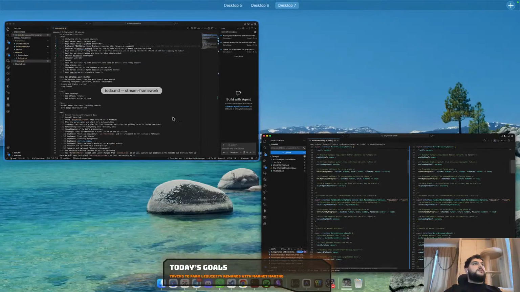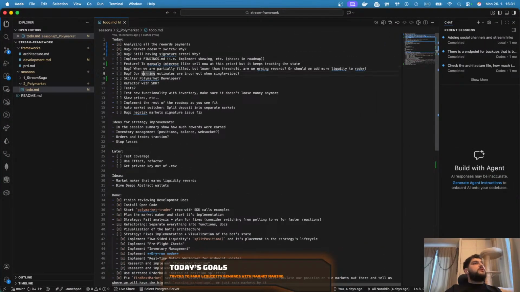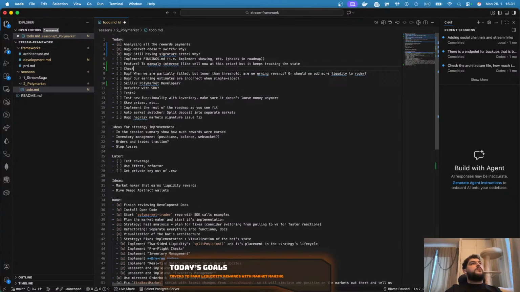Maybe let me just write it down here: check all APIs have correct types, especially rewards, because it's unwritten.